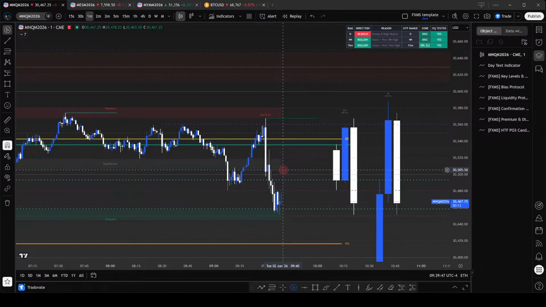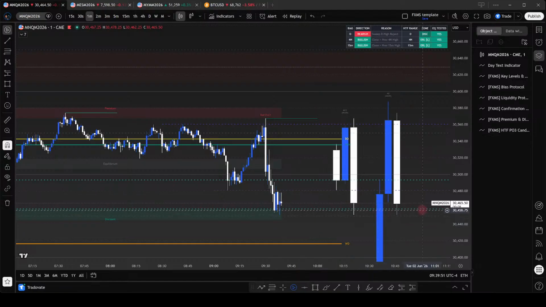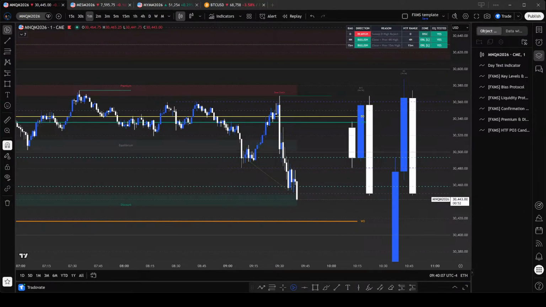It's not moving up pretty quickly, so I think we're going to come down for this. There it is. Boom, hits the 50. Let's see if we get a move up from here.